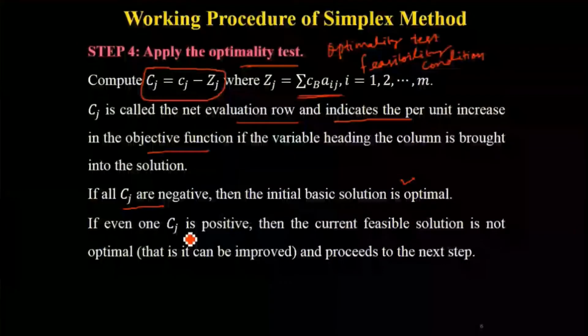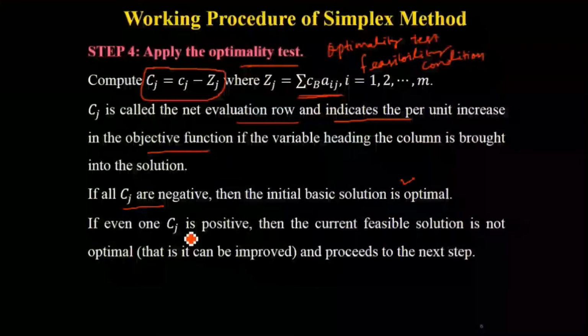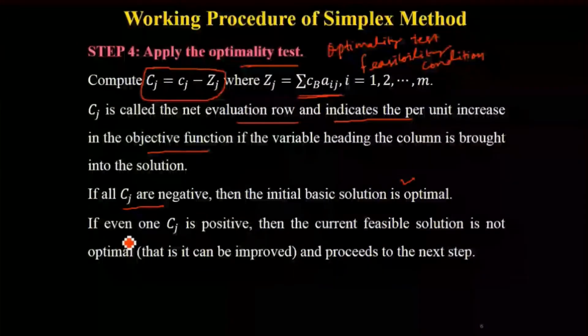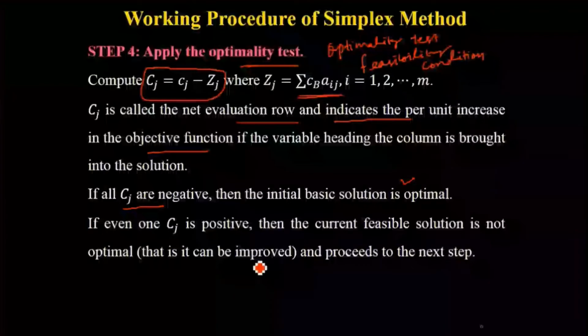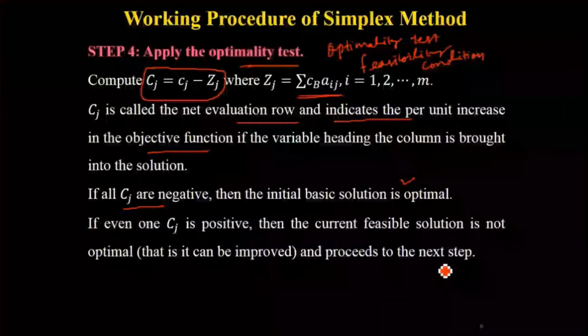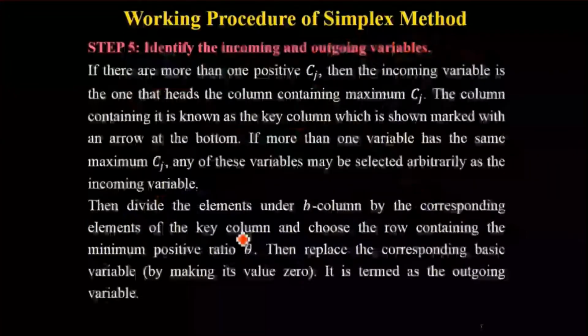How to do that, we will see, but if even one Cj is positive, then the current feasible solution is not optimal. So it can be improved, and we proceed to the next step. Understand? We are going to see how in the next steps.